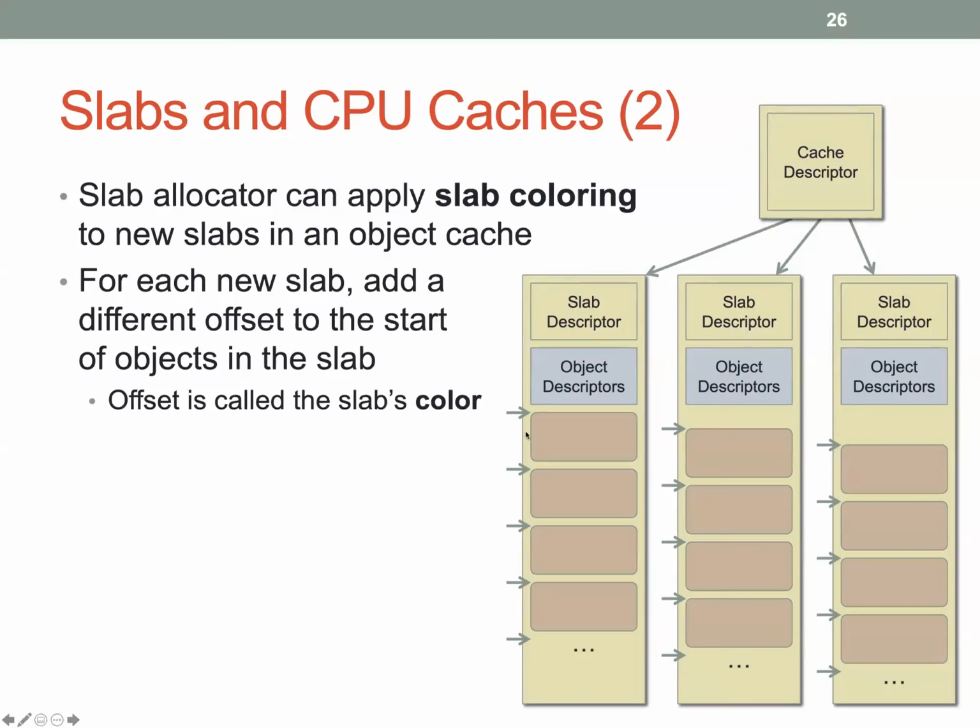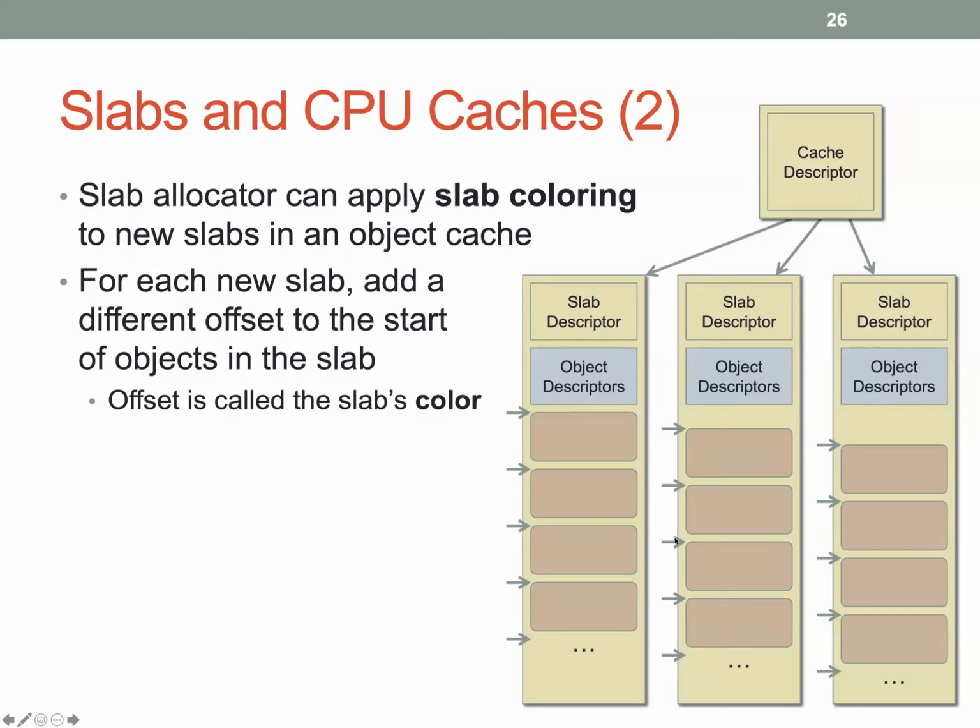The idea is when you're adding slabs to a cache, remember these objects are a certain size and the slab is a multiple of virtual memory pages. Almost always you're going to have a little space at the end, a little bit of memory you aren't using, you can't use. And so slab coloring basically allows you to put a little bit of that excess space at the beginning instead of at the end of the slab.